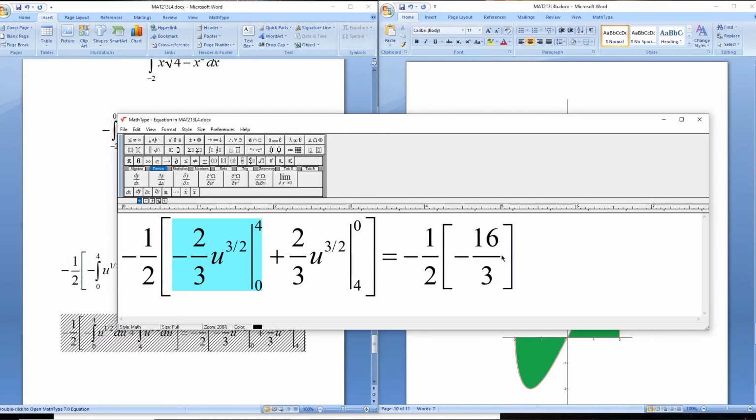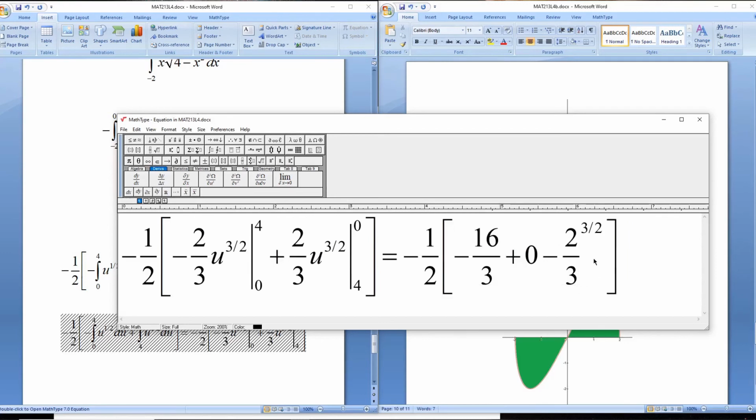And now we're going to do the second one. So f of b minus f of a. So now we're going to take this and plug in 0. If we plug 0 into that, well, that's all 0 then. And then we subtract off, plugging in the lower limit, in that case 4.